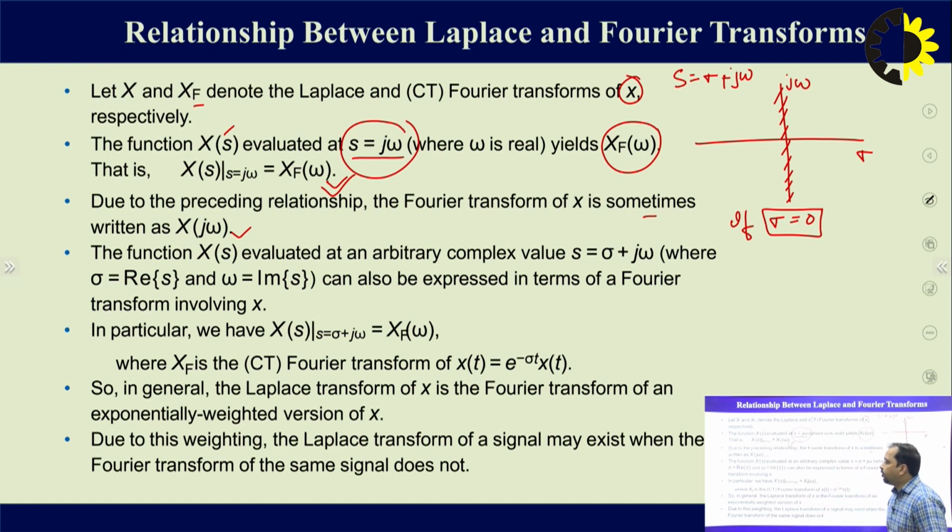The function X(s) evaluated at an arbitrary complex value s, which is sigma plus j omega, where sigma is the real part and omega is the imaginary part, can also be expressed in terms of the Fourier transform.